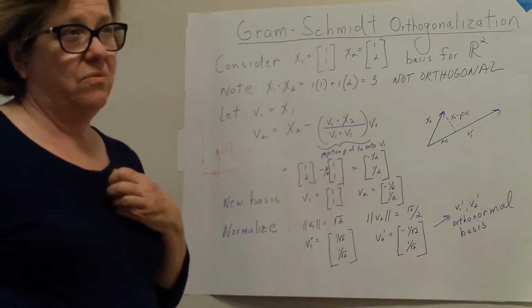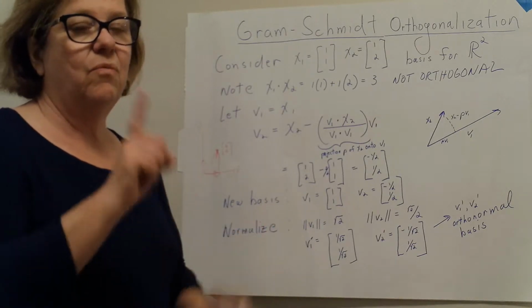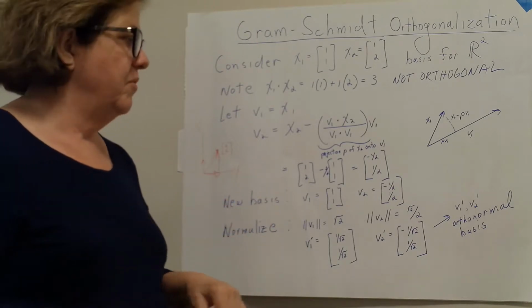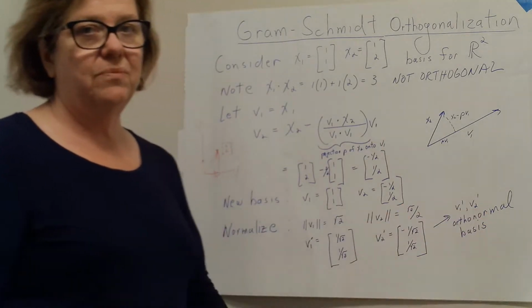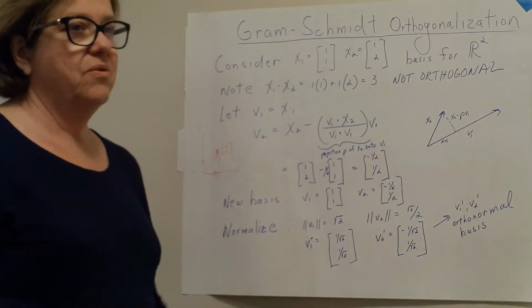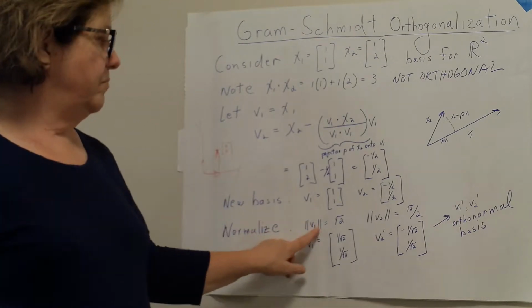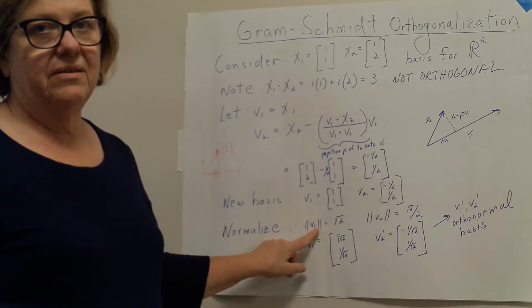We might also want to make them not only orthogonal, but of length 1, which is another way of saying we want an orthonormal basis, v1 prime and v2 prime. Not only will they be orthogonal, but they'll both be of unit length. Well, we just have to divide each vector by its length, which is its norm.